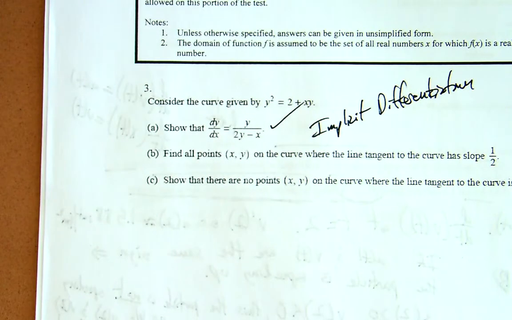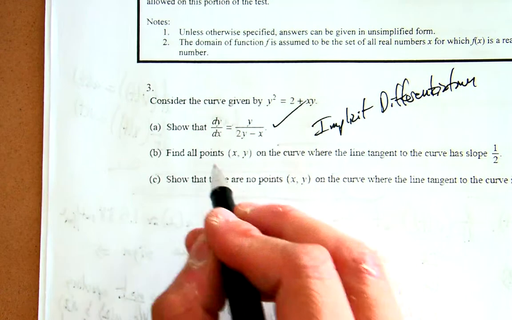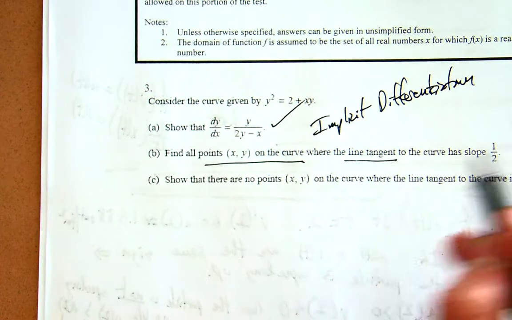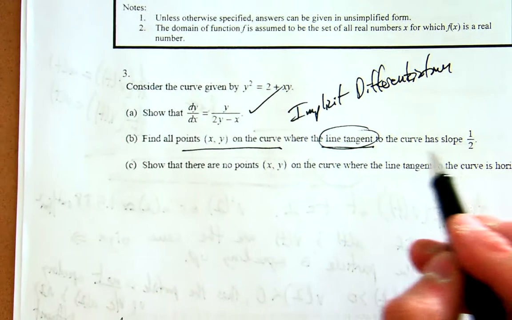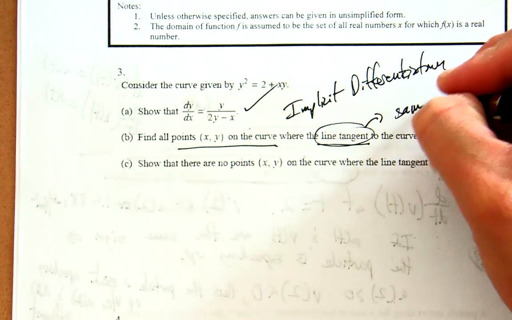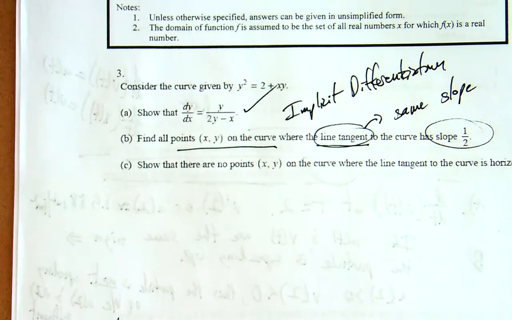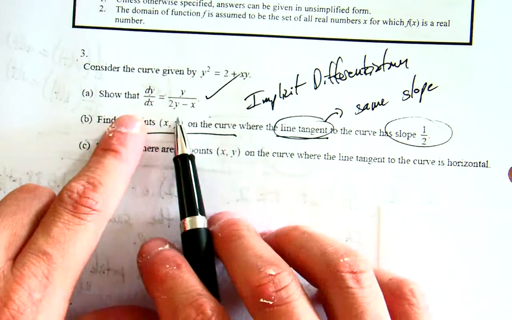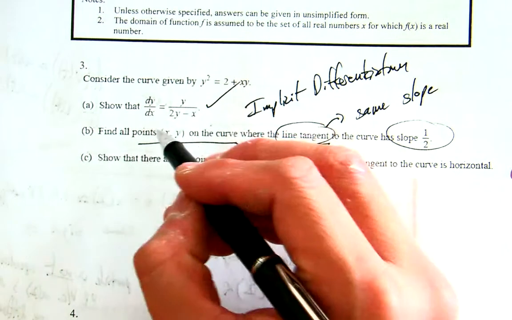Part B says find all points on the curve where the tangent line, a keyword, has a slope of 1/2, right? So what does that mean? A tangent line means the same slope. So let's write that down. And then has a slope of what? 1/2. So basically we want this to have a slope of 1/2, and we want the point (x, y).